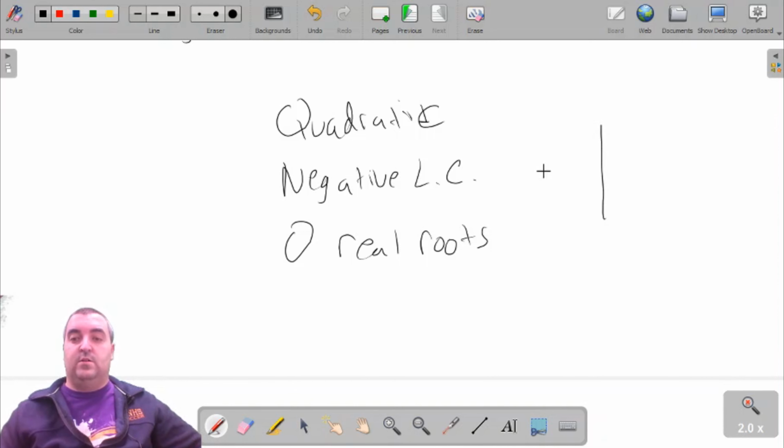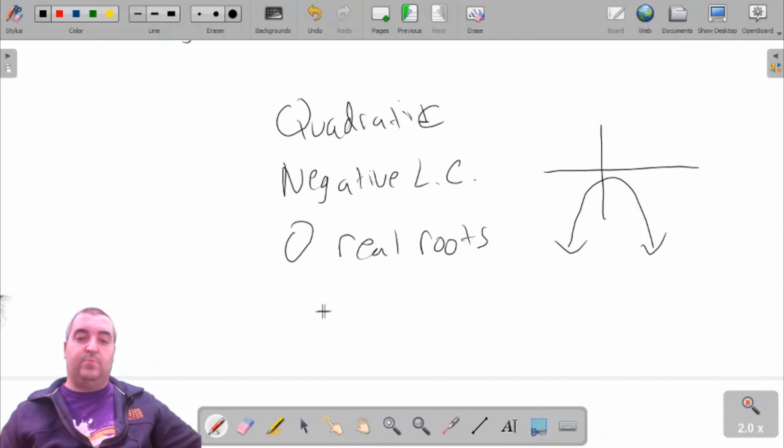So that would look like this. Right, so there's a quadratic, the parabola shape, and it's facing down because of the negative leading coefficient, 0 real roots, and it's not touching the x-axis.